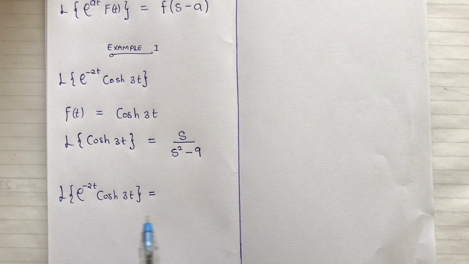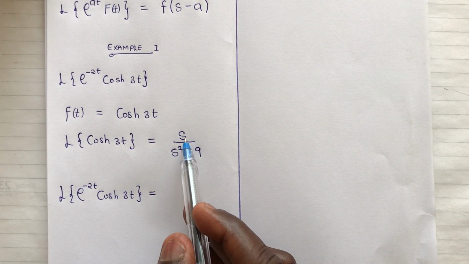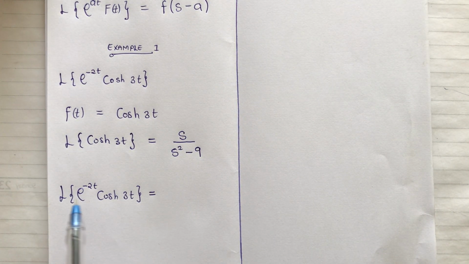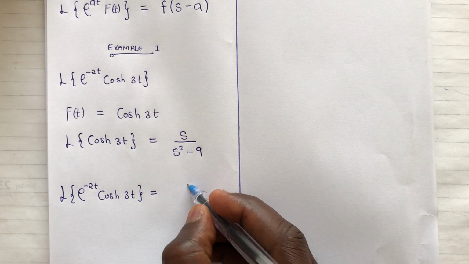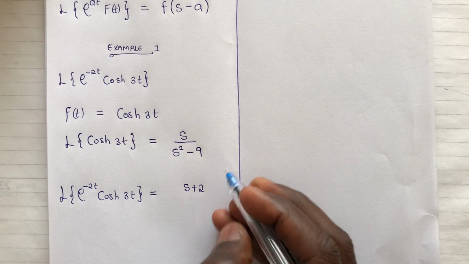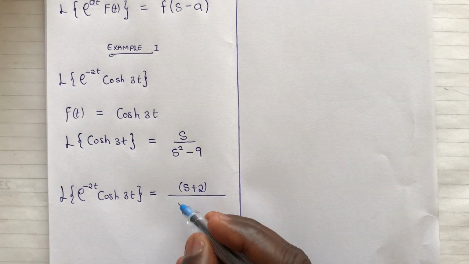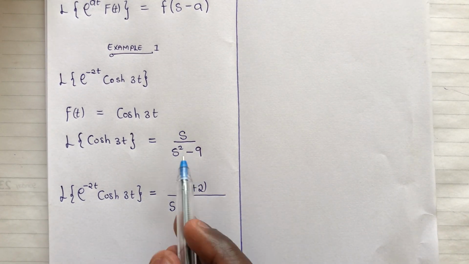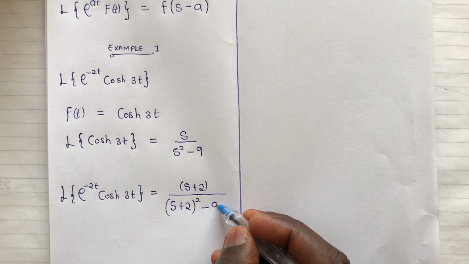So now the Laplace transform of the main function is equal to, wherever we see s, we substitute s plus 2. Remember, this side is negative, so we have s plus 2. That is what I have substituted there. All out of s plus 2, remember, the s here is squared, so we square it, minus 9.